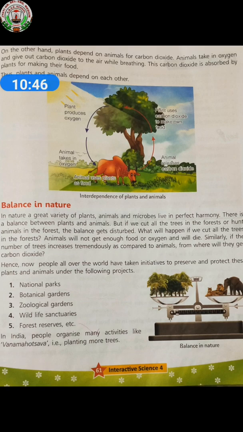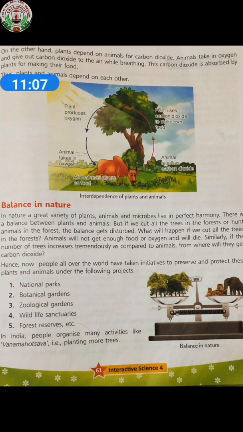So, very important, we must not cut the forest.